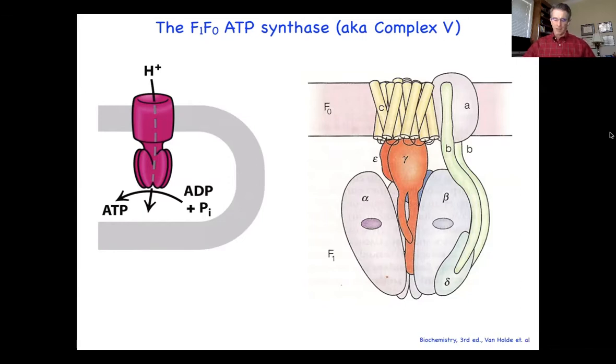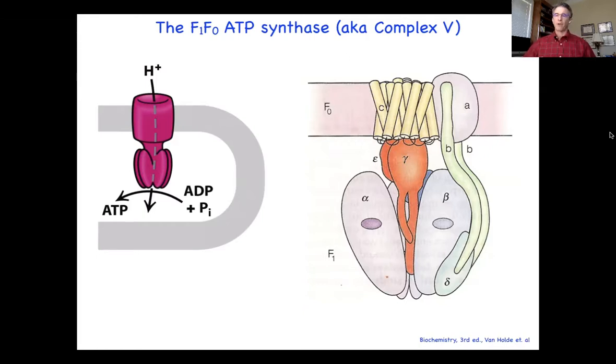The business end are these alpha beta subunits, and they exist basically as an alpha beta heterodimer, and there are 3 of those that make the active site part of the F1, right?